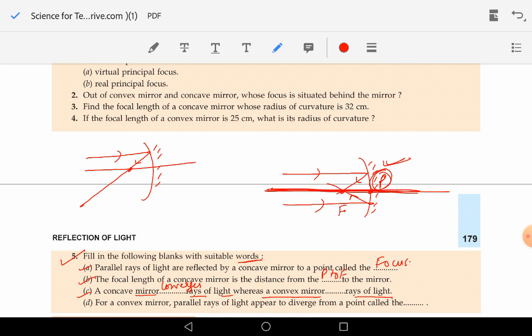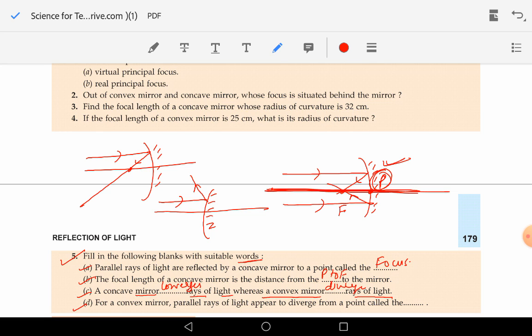It will be reflected towards the principal axis. And what is the second part? Whereas a convex mirror diverges. Diverges means that after reflection, if this is the incident ray of light, it will move away from the principal axis. Such a type of mirror is the convex mirror.